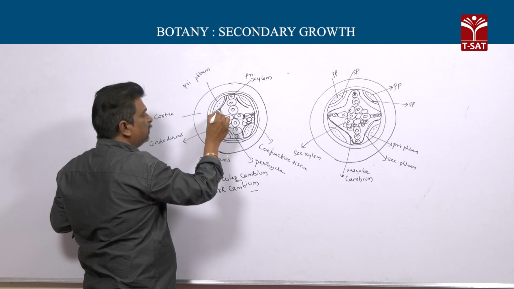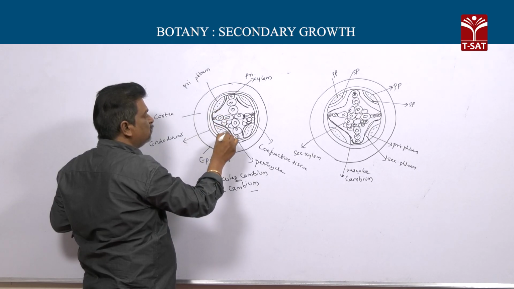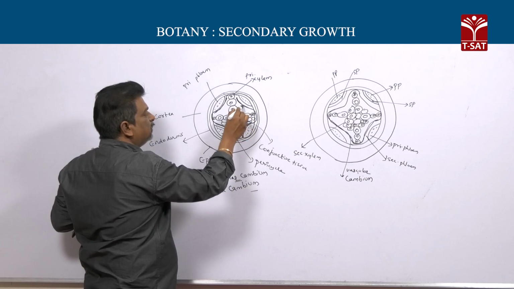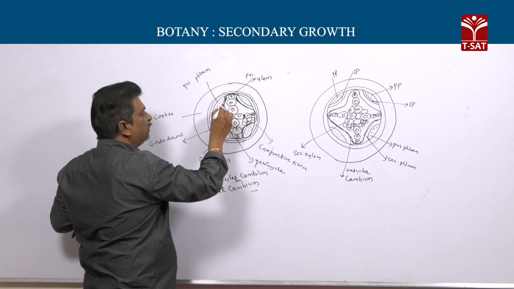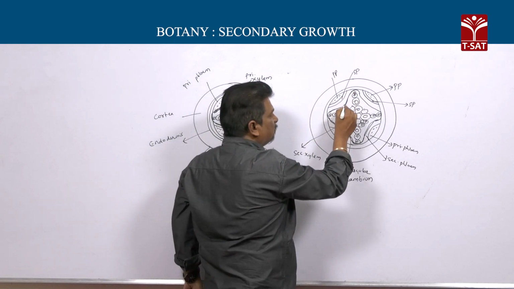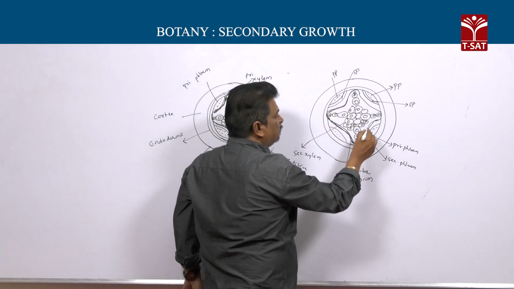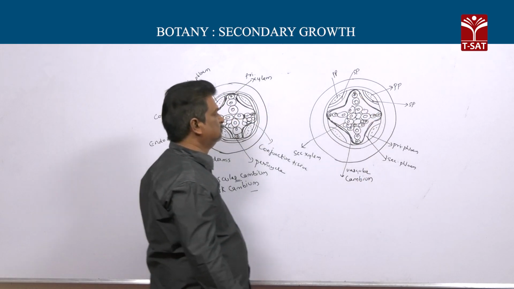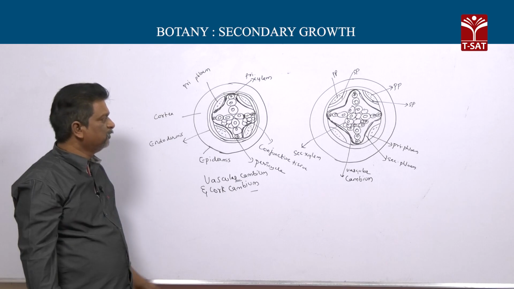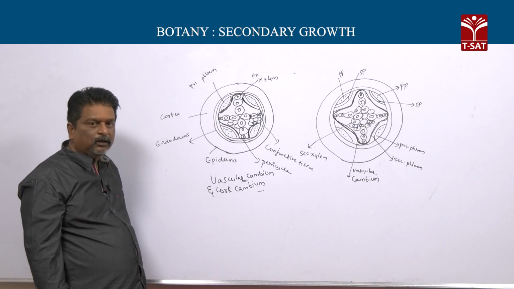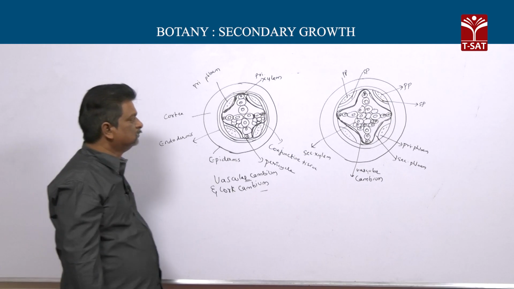So this outer cambial stripe joins with the inner cambial stripes and thus a new vascular cambium, a circle of vascular cambium, is formed, but this vascular cambium is wavy. So this is the formation of vascular cambium in dicot root.